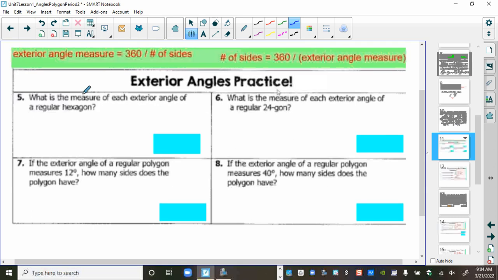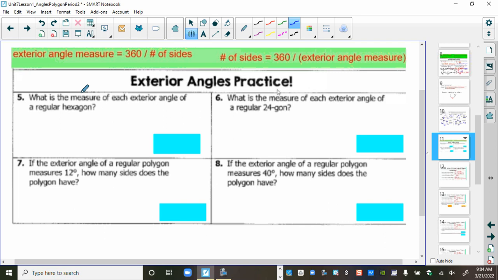Basically, with the exterior of any polygon, the sum is 360, right? Measures of all the exterior angles. Now, it's a matter of the following. Are we looking for the measure of each angle or the number of sides?